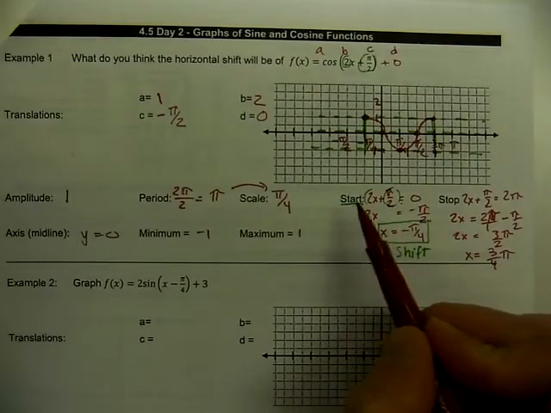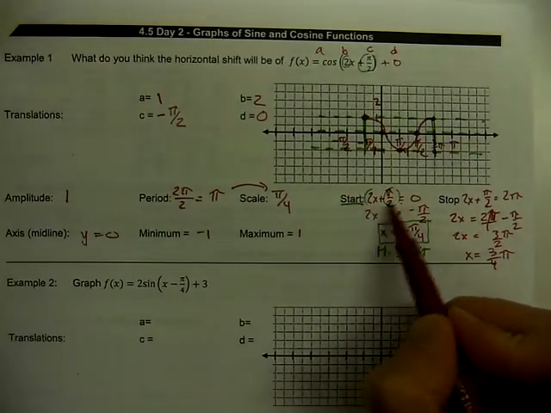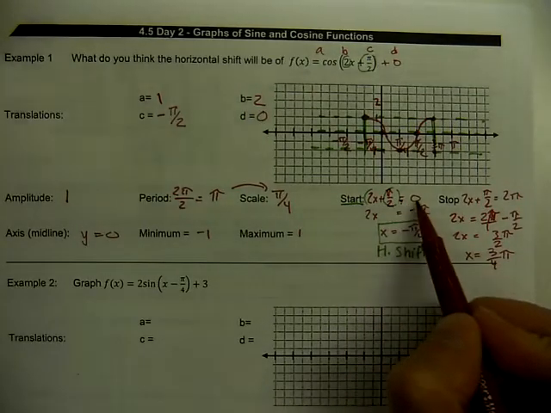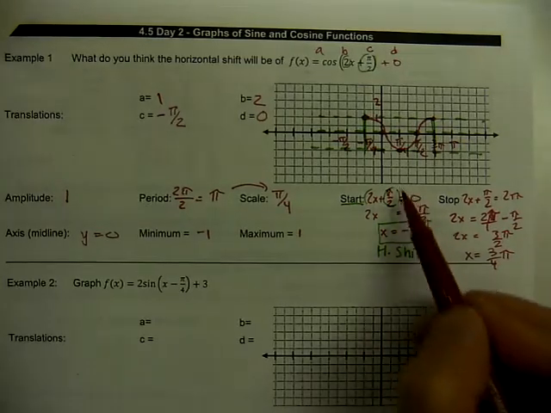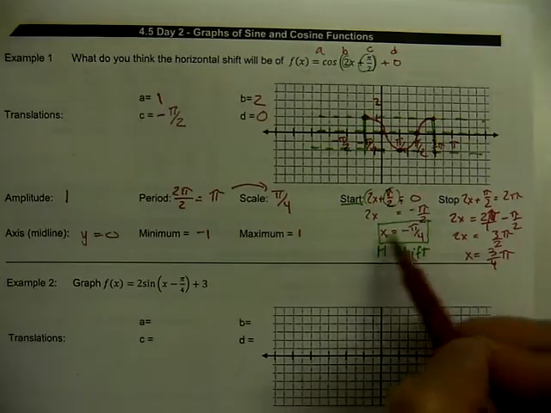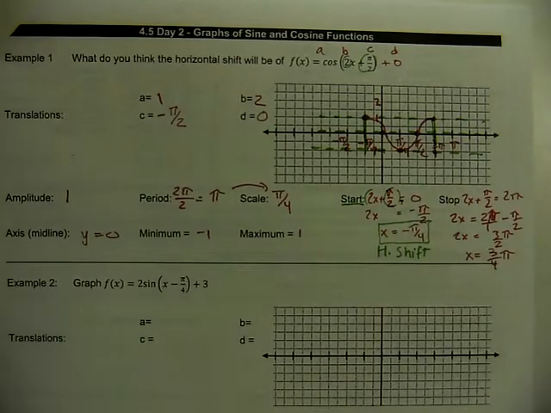You also find the starting point by taking everything in parentheses and setting that equal to wherever your parent function normally starts. So yes, cosine does start at 0, so that's why we're using 0. So that doesn't mean we have to calculate it twice. We can kind of piggyback the horizontal shift on top of the calculation for the starting value.